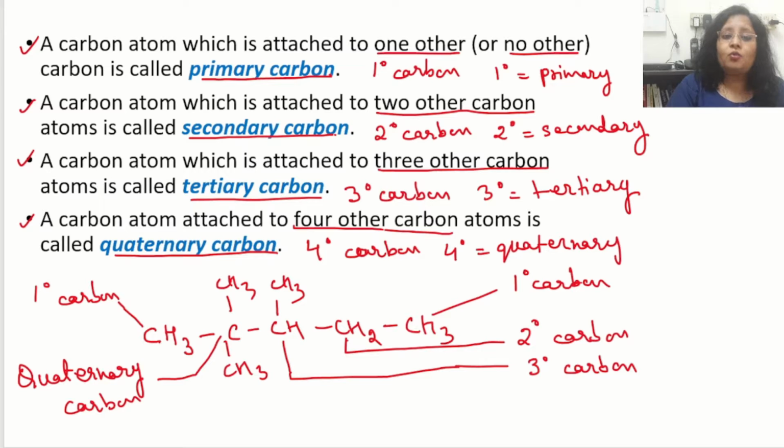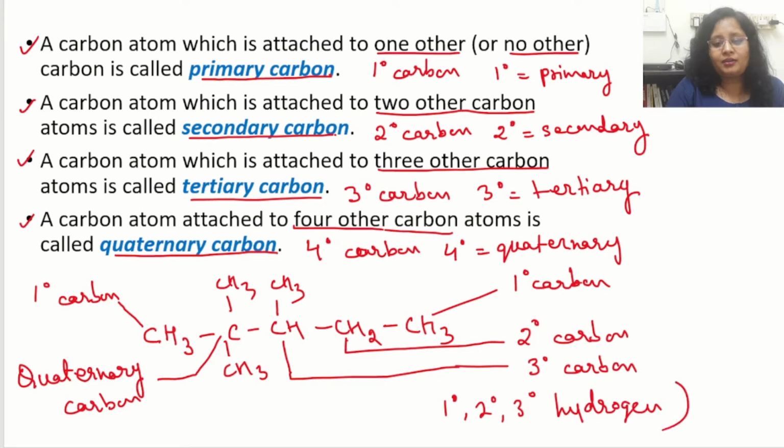And there is no quaternary hydrogen, because if a quaternary carbon is there, it means all four valencies are fulfilled by carbon, so there is no space for hydrogen. So there are three kinds of hydrogen we can get: primary, secondary and tertiary.